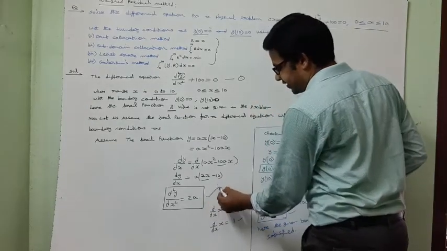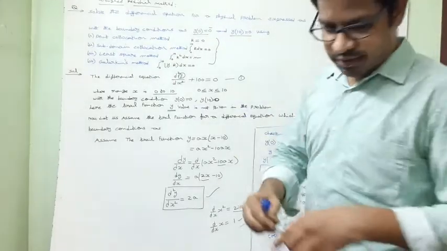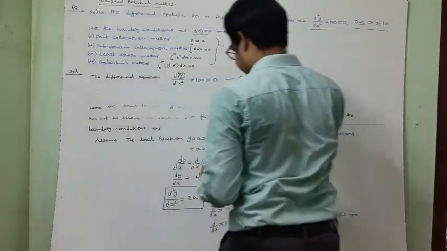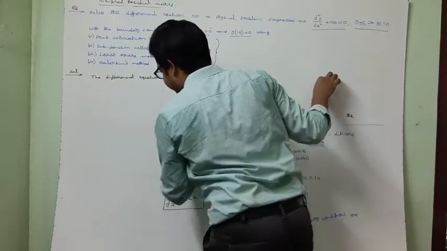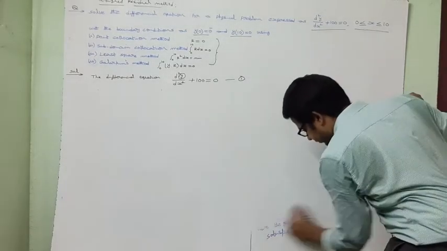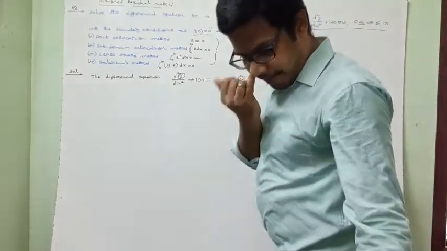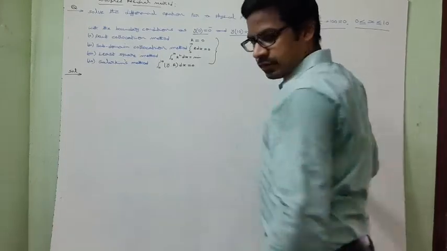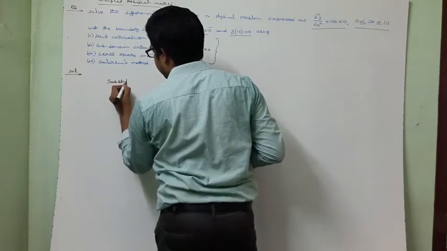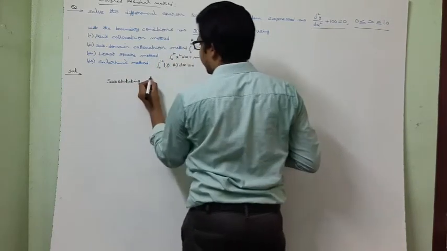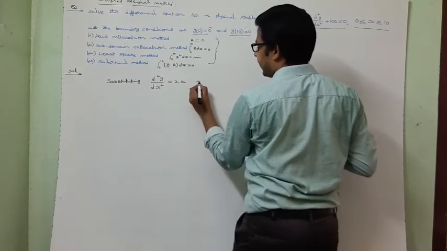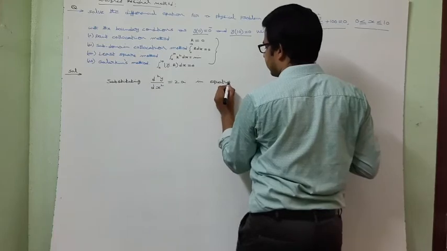So substituting d square y by dx square is equal to 2a in equation 1.